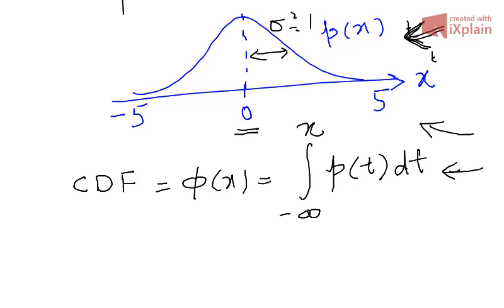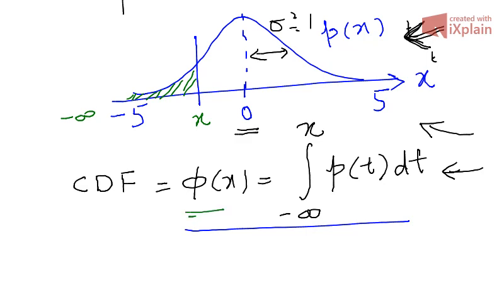So if you see this integral, what is it actually? It gives you this area from -infinity to some point x. It gives you the left tail probability, right?